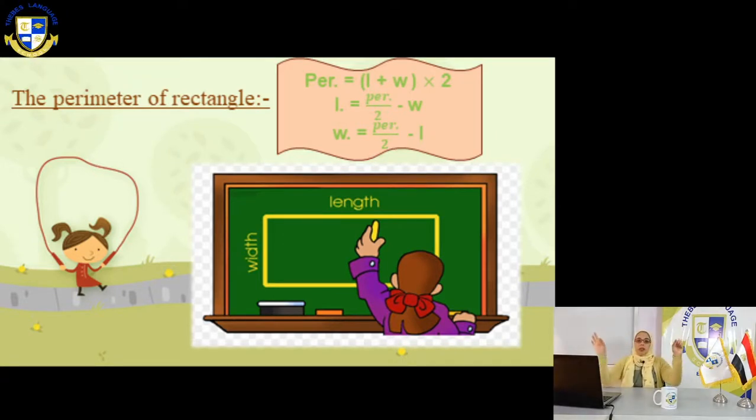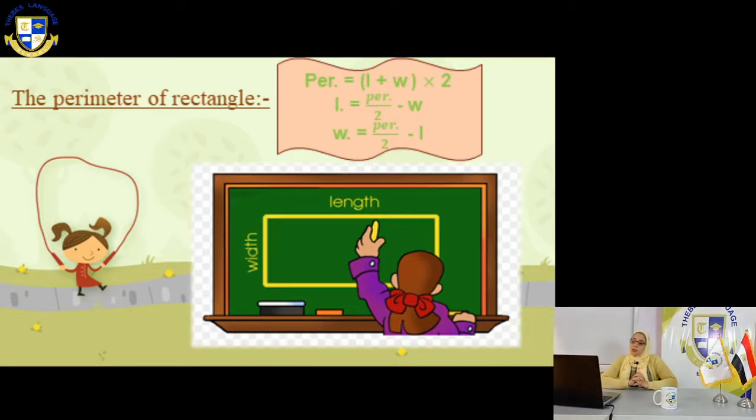The length is the long side and the width is the short side. So its perimeter equals length plus width, times 2, to get all the sides. Now we have a rule: perimeter of a rectangle equals (length plus width) times 2.